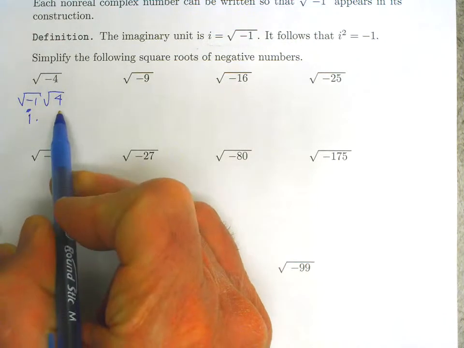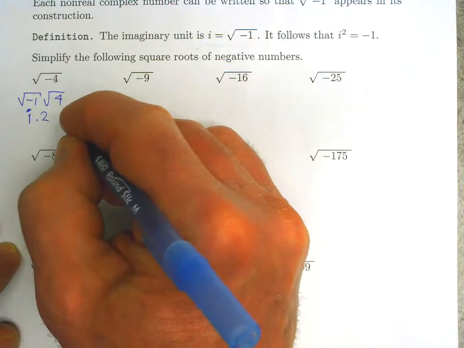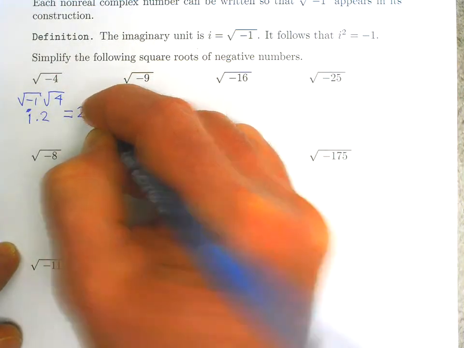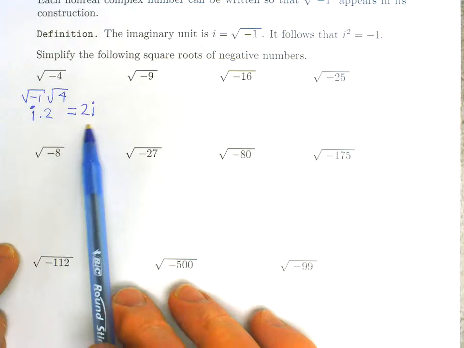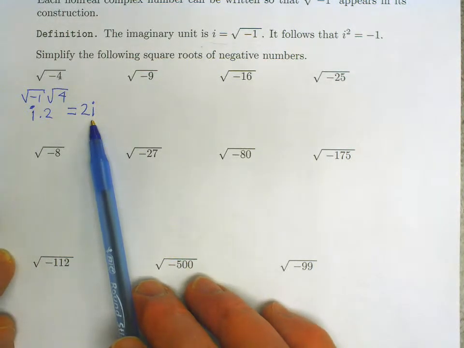And we know that the square root of 4 is 2, so i times 2. It's more conventional to write that number as 2i, in the same sort of way that you would put a coefficient in front of a variable.